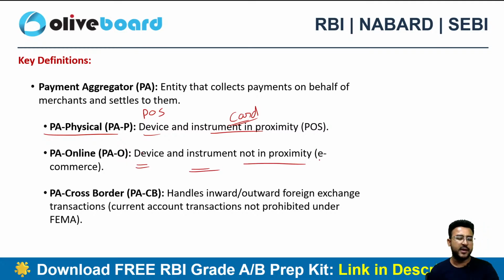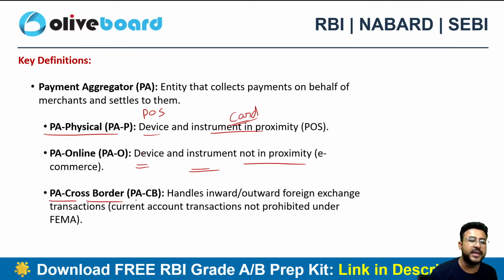Let's suppose I am making an e-commerce transaction. I'm making that payment with my credit card, but this time I won't be swiping the credit card. I'm making an online payment to the e-commerce platform. That will be payment aggregator online.